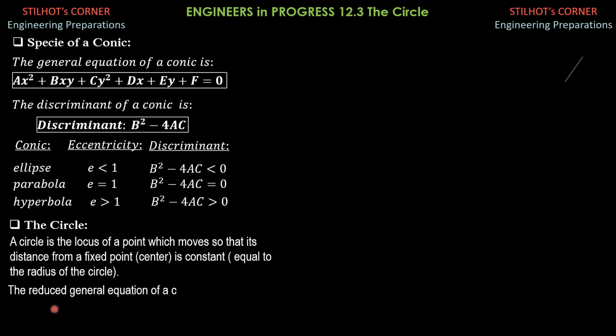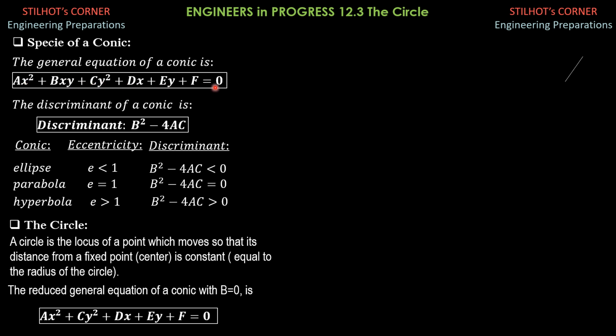So the reduced general equation of a circle, with b equal to 0, is ax squared plus cy squared plus dx plus ey plus f equals 0. From this general form, let's study the equation of the circle so that we can detect from this general form that the given equation is a circle.